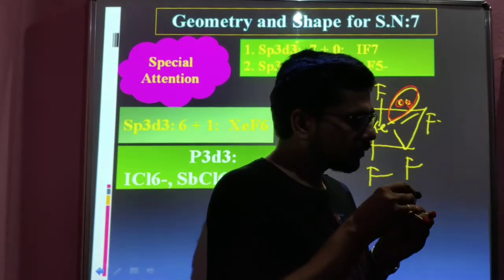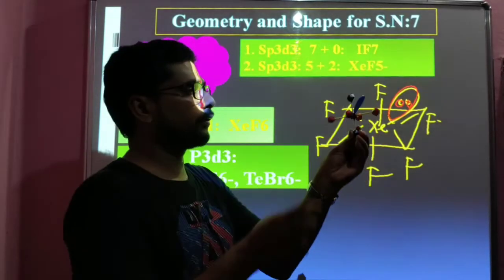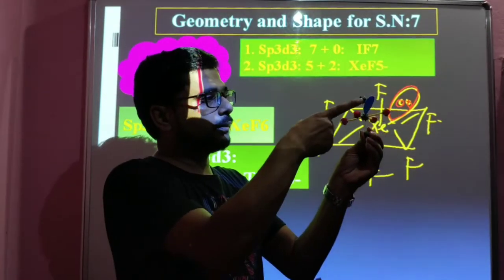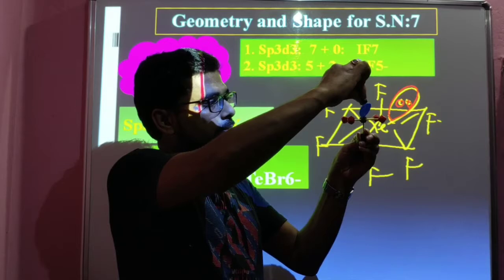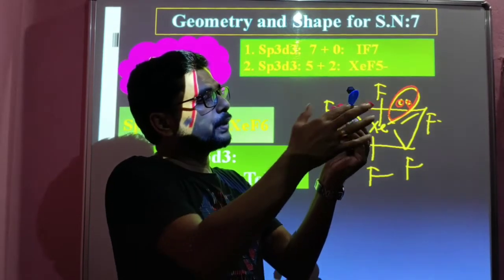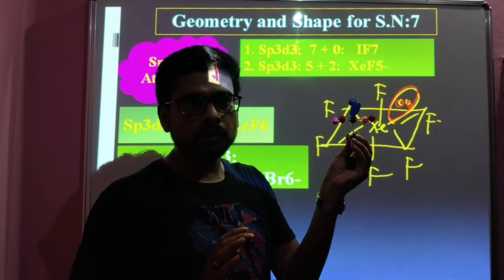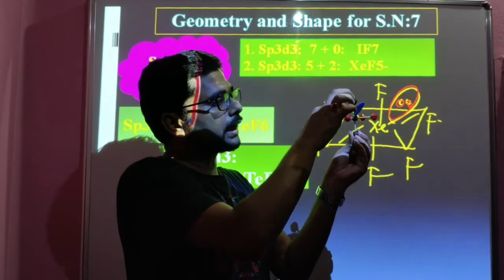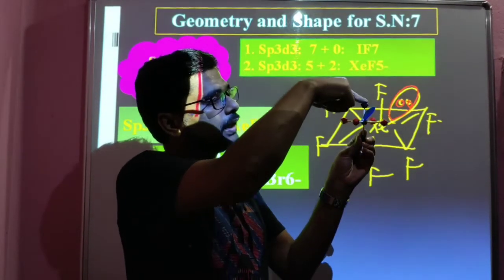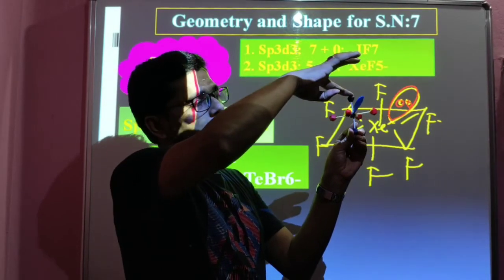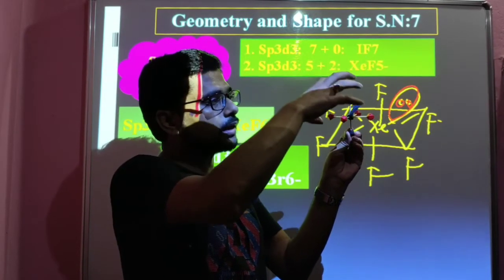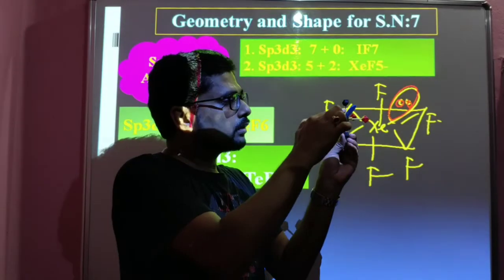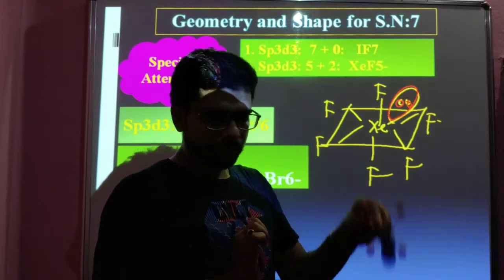Distortions arise. See, the lone pair is present here, so the lone pair repels here, repels here. So it won't be the perfect octahedron. The angle won't be 90 degree. It will be distorted like this. That distortion arises due to the presence of this lone pair.